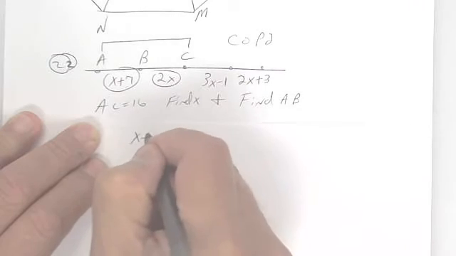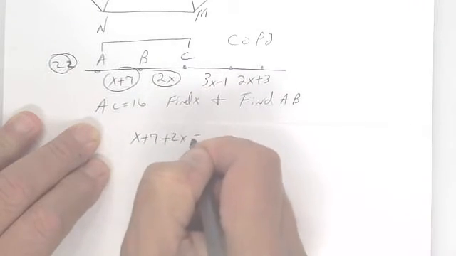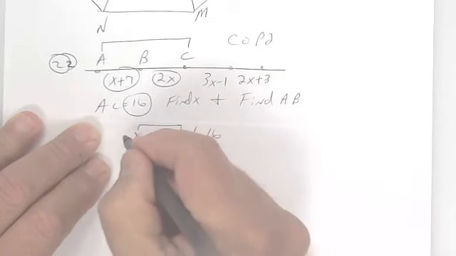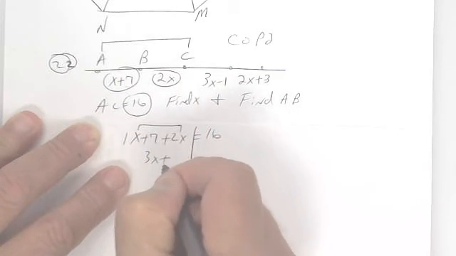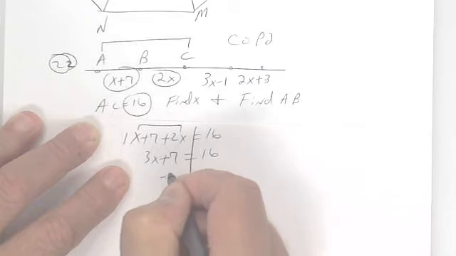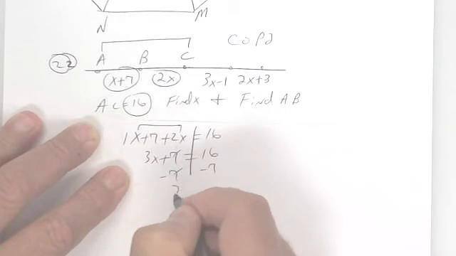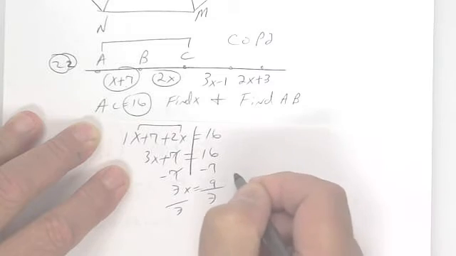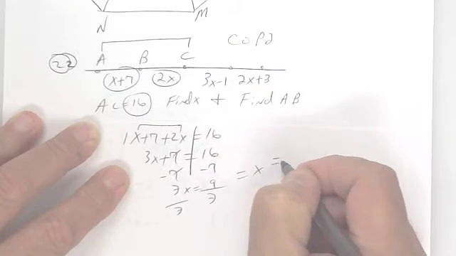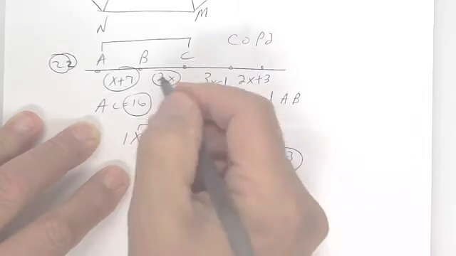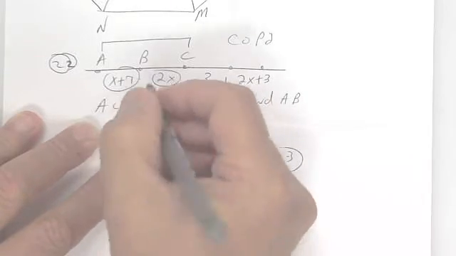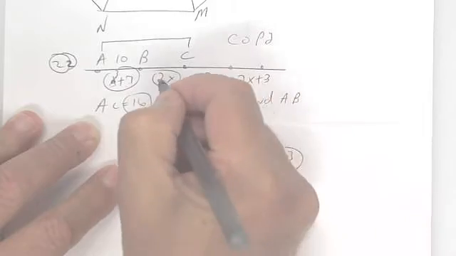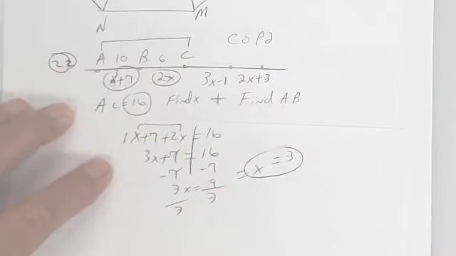So we're going to say x plus 7 plus 2x is equal to AC, which is 16. 2x plus 1x gives me 3x. And then I'm going to subtract 7 and get 9. And then I'm going to divide by 3 and get 3. So I get x equals 3. Now I substitute here. If they want AB, I put 3 plus 7 is 10. 2 times 3 is 6, and I'm done.